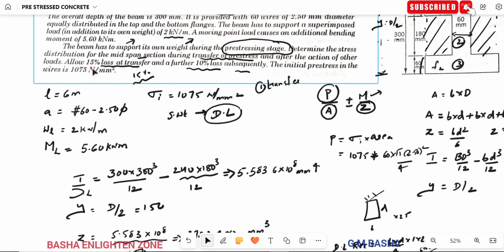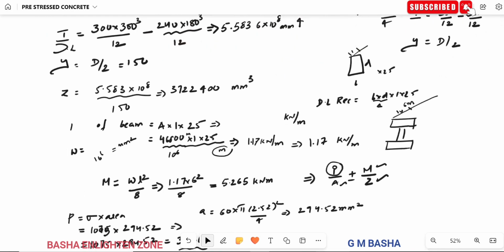See here, allow 15% loss at transfer. Before that you can read the question. The beam has to support its own weight during the prestressing stage. Determine the stress distribution for the midspan section during transfer of prestress. Means at the prestressing stage, during the transfer of prestress, there will be only consideration of the dead load. After the action of other loads, we have to go for the further 10% loss also. So that is what we have to remember clearly.